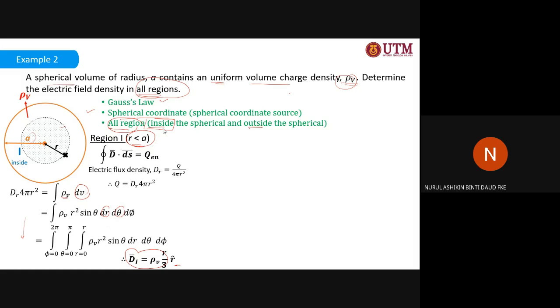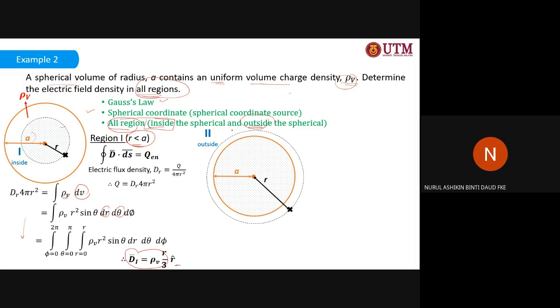So you need to solve the other part of this problem, which is the outside of the spherical. Now this is the spherical. Inside the spherical, of course, it will contain electric flux, right? So there is electric flux inside here. I put it as dots here.